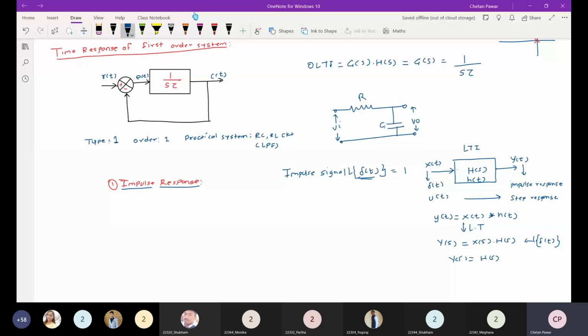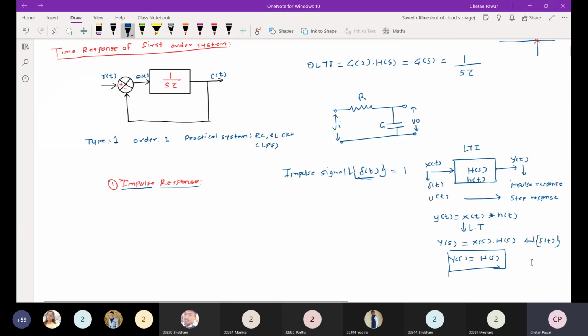So when you apply the impulse signal as an input to the LTI system, at the output side you get the impulse response of the system. For example, if this is an RC filter, R and C are the components. This impulse response shows the nature of these components. It doesn't have any effect of any input on this system.